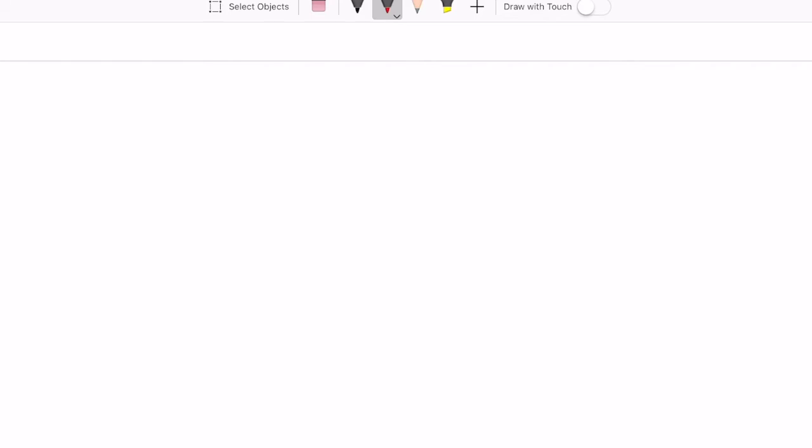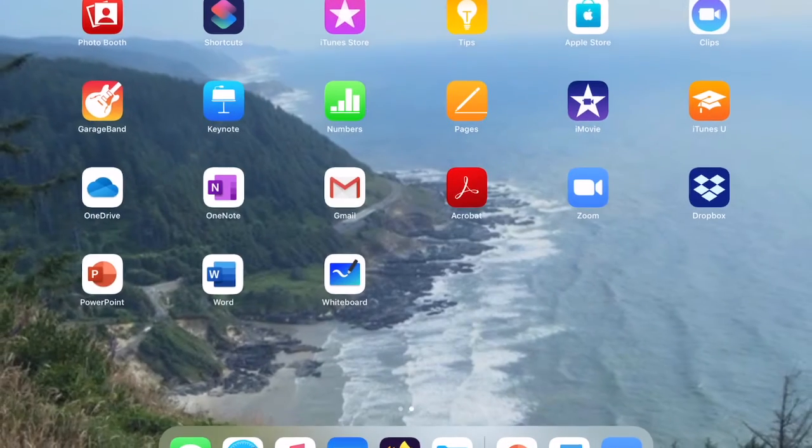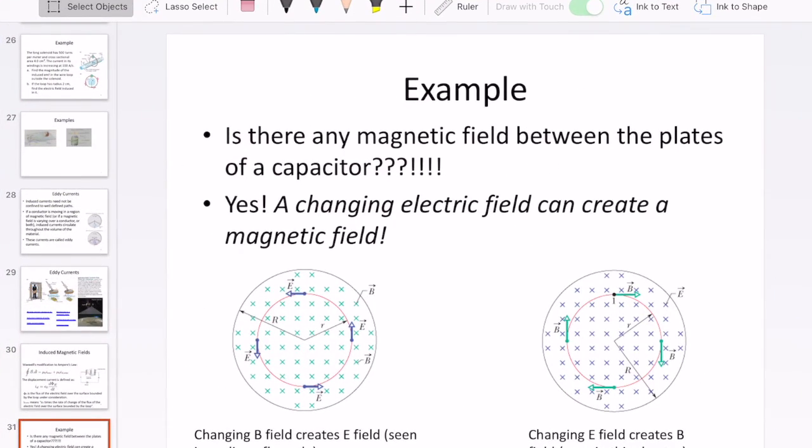So what's an example of that? Well, suppose you have a region where you have an electric field that is increasing or decreasing. Suppose you have this circular region where an electric field is getting stronger, then you will have magnetic field lines, which are concentric circles because of the circular symmetry. And so these magnetic fields will be produced because the electric field is fluctuating.